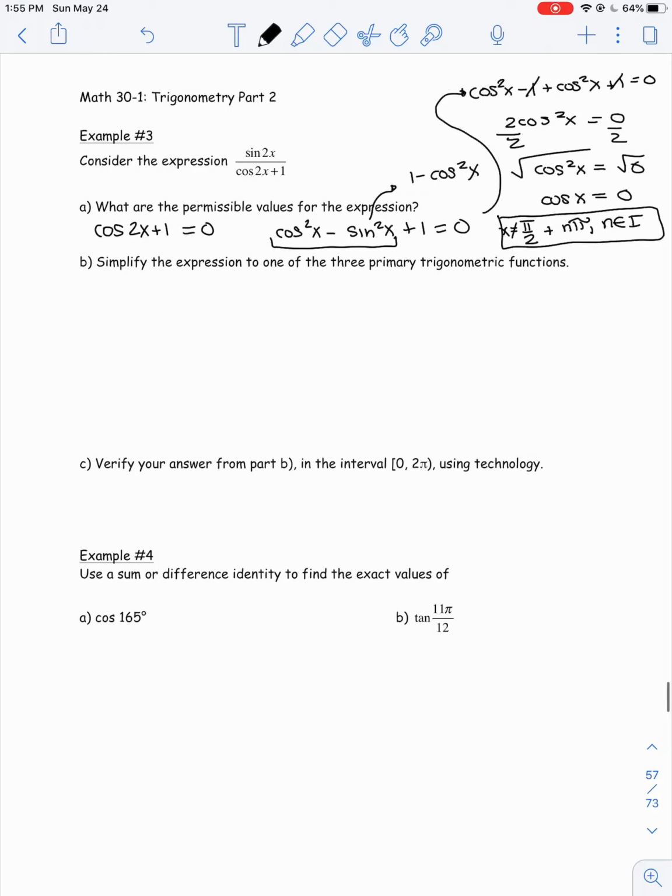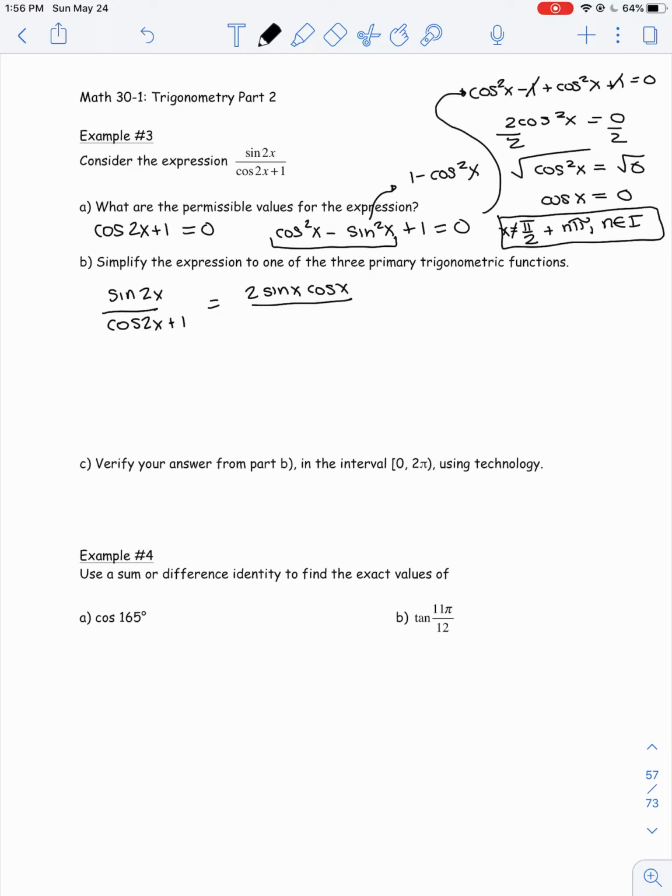And then they want us to simplify this. So we already know that we have sine 2x over cos 2x plus 1. Well, sine 2x is the same as saying 2 sine x cos x from the previous identities, if you look above.